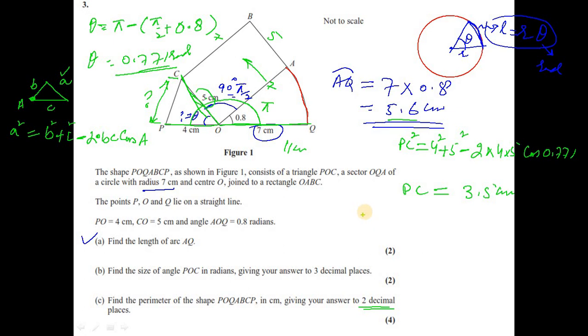And then you can figure out the perimeter for the whole shape. The perimeter of the whole shape is, you can start from P and go all over the diagram.